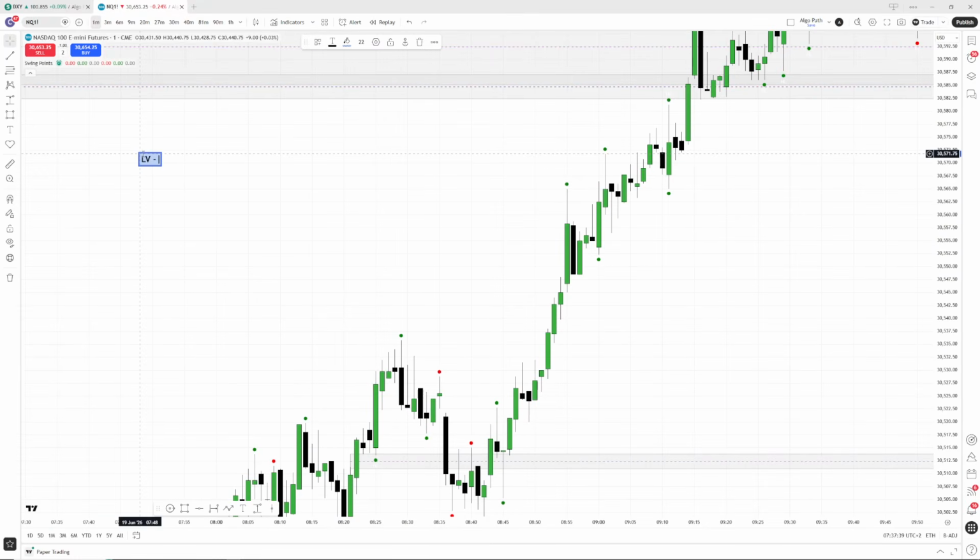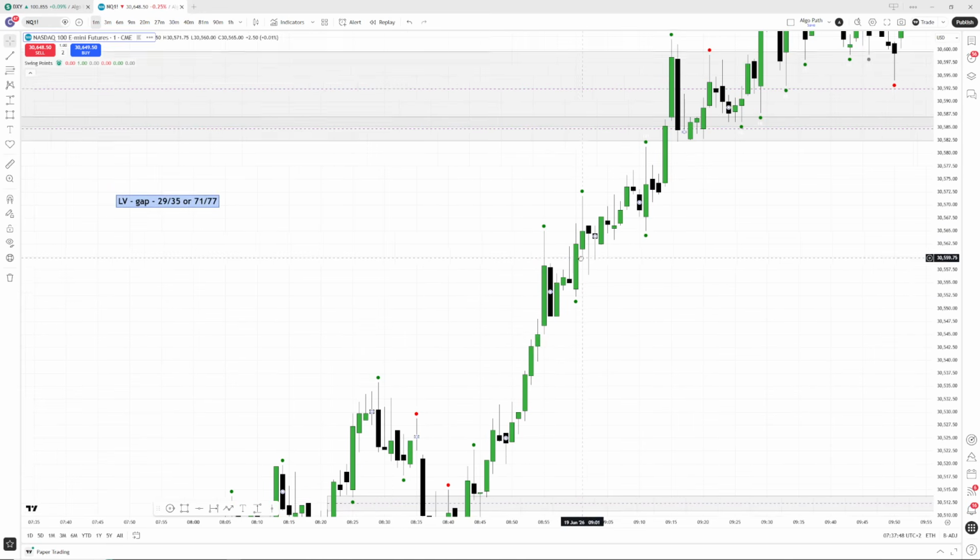Next you have liquidity void. Liquidity void is also nothing but a gap, but these are formed at 29:35 or 71:77. They are normally bigger. You see bigger displacement during this time. Why is this?